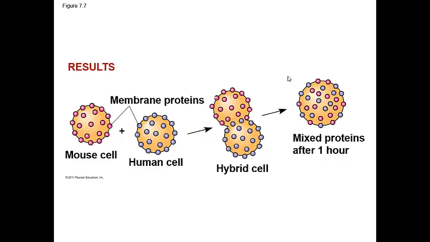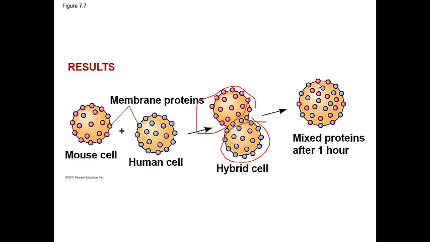If the proteins were locked into place, when these two cells were fused together, you'd see all the pink on one side, you'd see all the gray on the other side. But after the two cells have been fused, you can see that the two proteins are equally distributed across both cells. Therefore, we know that they have to be mobile within that cell membrane.